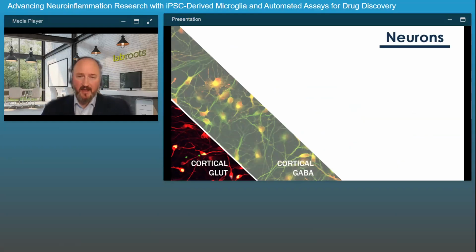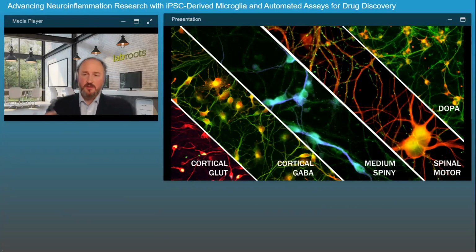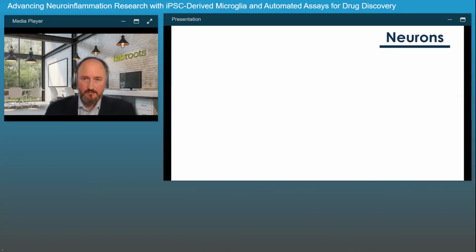At Brainxell, we have many different types of cells, from cortical glutamatergic to cortical GABAergic to striatal medium spiny, spinal motor neurons, and also midbrain dopaminergic neurons. So these are very pure, very subtype-specific neurons that are generated, again, from stem cells.